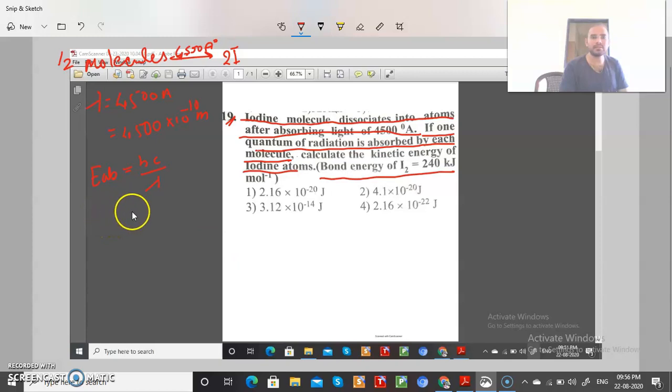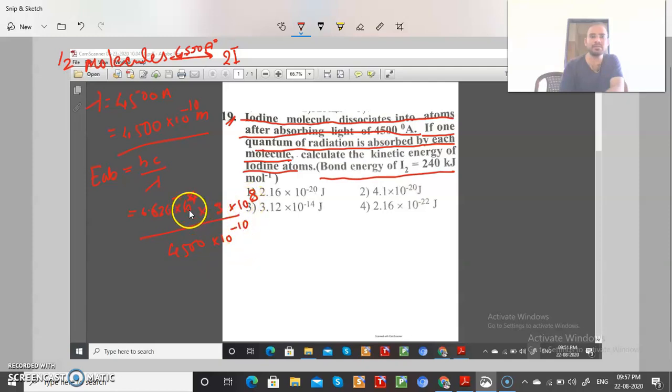So E absorbed is equal to, you put the value of h, 6.626 into 10 power minus 34, and c is the speed of light, 3 into 10 power 8 meter per second, divided by the lambda value we have already been given, 4500 into 10 power minus 10 meter.